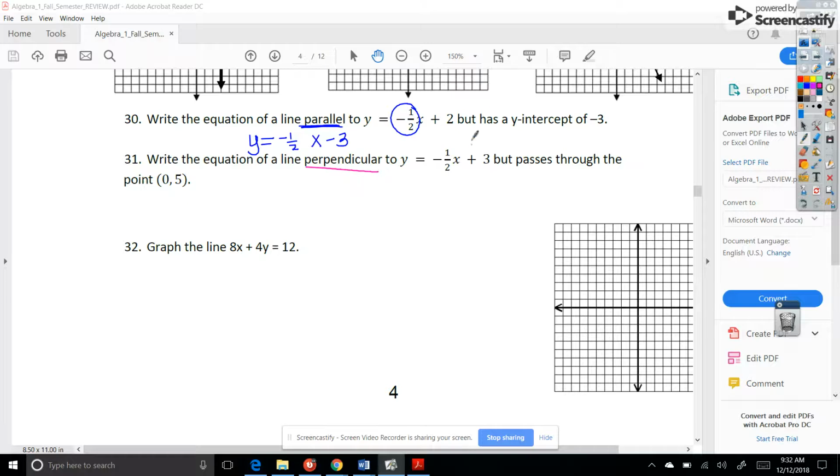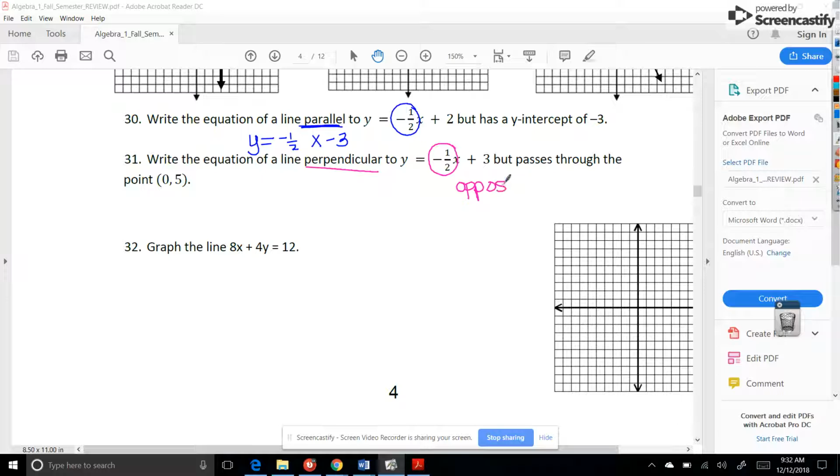Okay, perpendicular means I'm going to have an opposite reciprocal slope, which means, let me write that word down, opposite reciprocal. If this slope is negative, my new slope will be positive, and instead of 1 over 2, I have 2 over 1. Here's my y-intercept, there's my b, so y equals 2x plus 5.